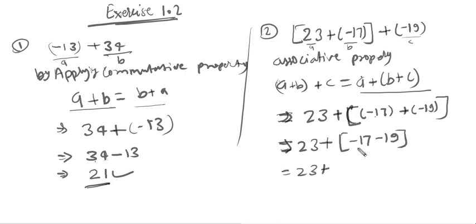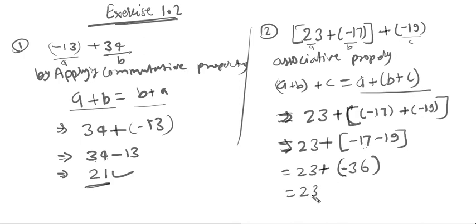Here 17 and 19, so 9 plus 7 is equal to 16. 1 is remaining, 1 plus 2 plus 3 is 3. Then the sign of minus comes, negative, because both the digits are negative, so the sign comes negative.